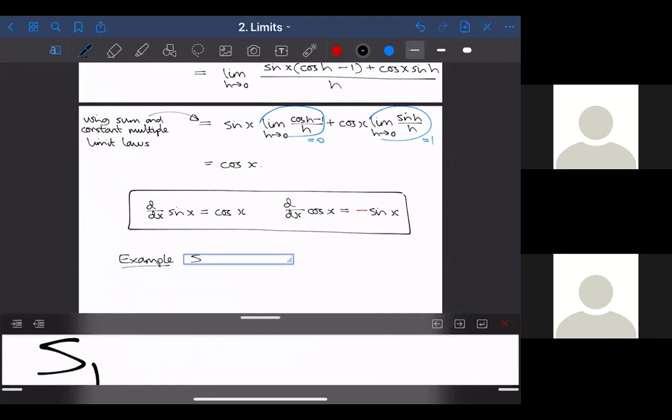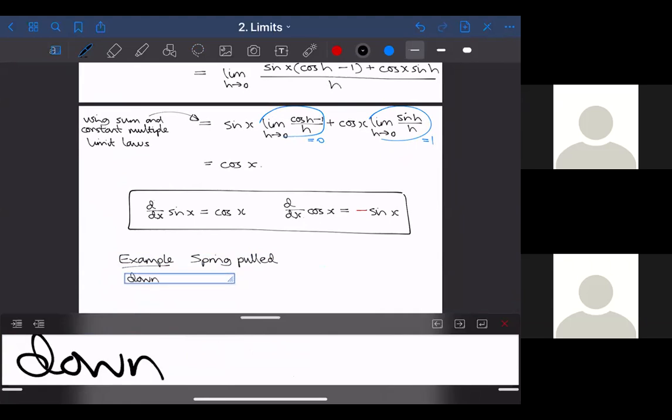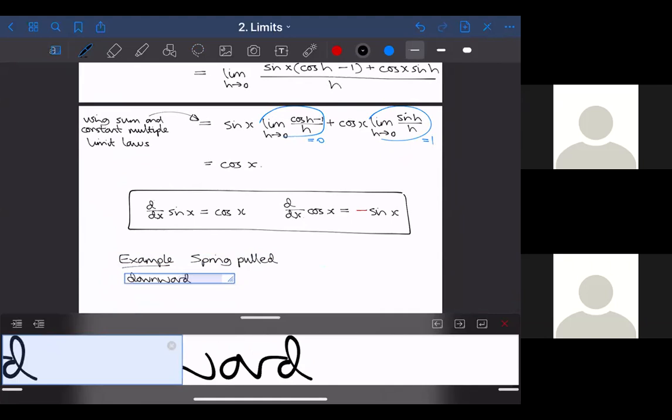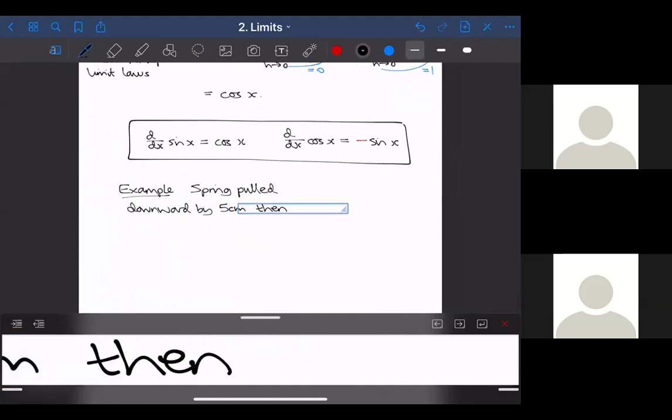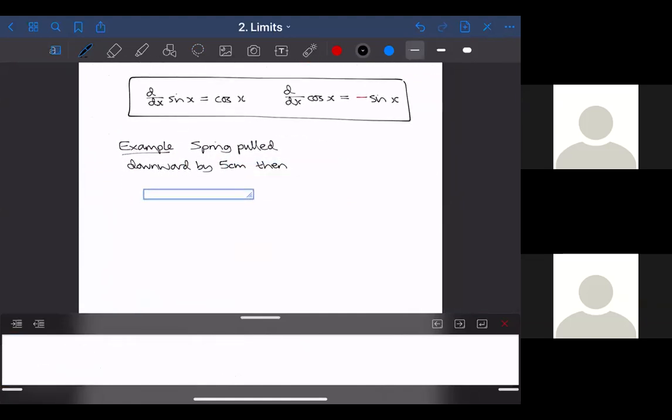Imagine a spring pulled downward by 5 centimeters, and then released. Its position S is given by 5 times cos t at time t.